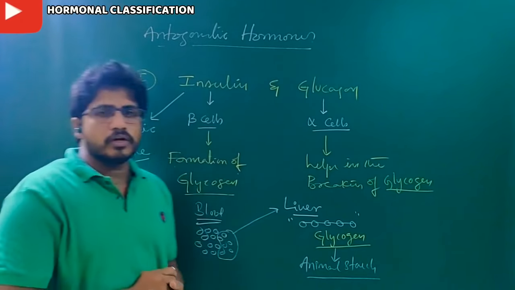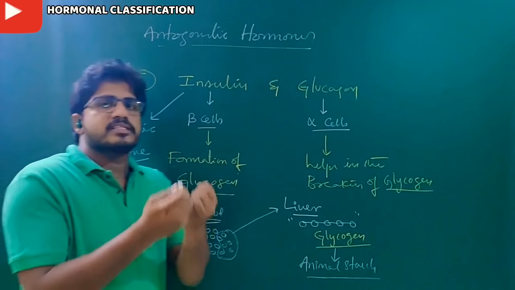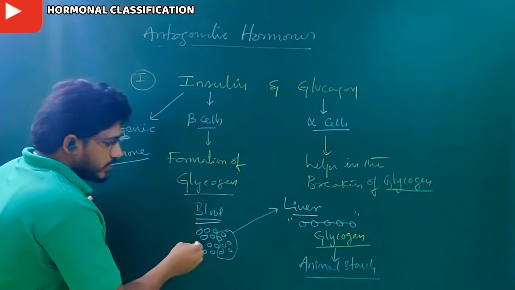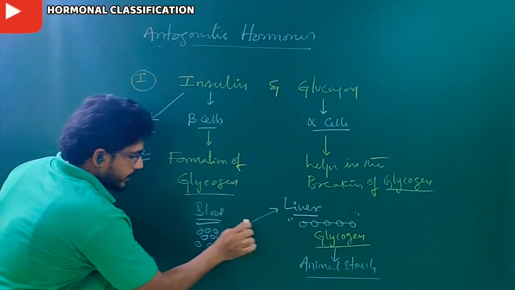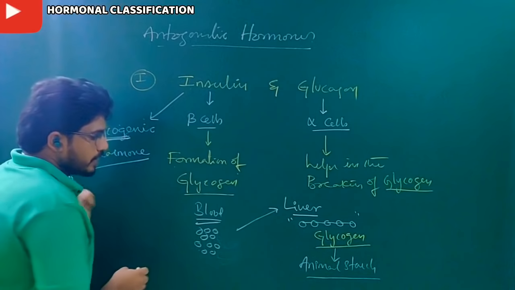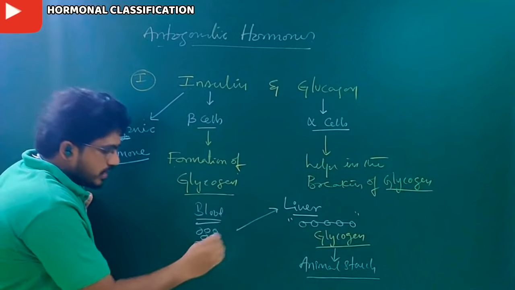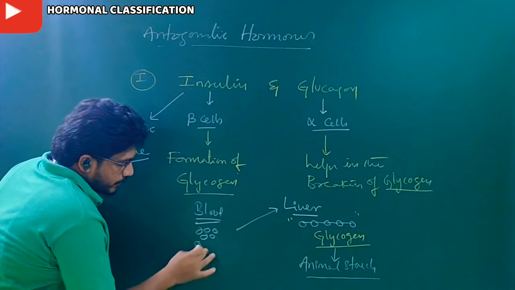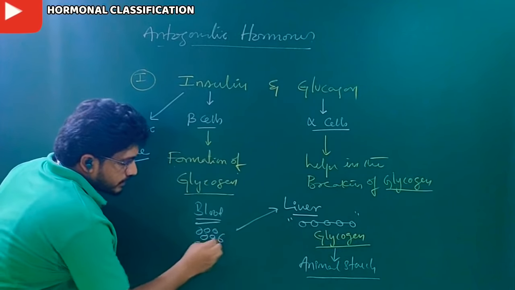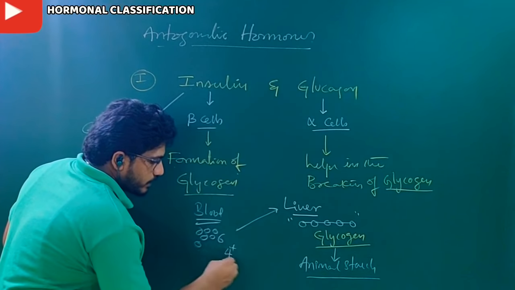What is the function of glucagon? It should be opposite now. Whenever blood glucose levels are falling, 10 should be present, right? Already some were picked up and formed as glycogen. That function has been done. Now 1, 2, 3, 4, 5, 6, 7, 8, 9, 10 should be present as the normal level. But instead of 10, only 1, 2, 3, 4, 5, 6 are there. Then how many molecules are required to make it equal? 4.